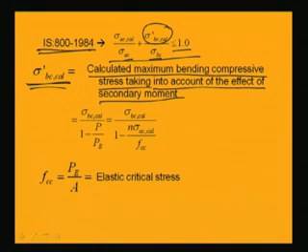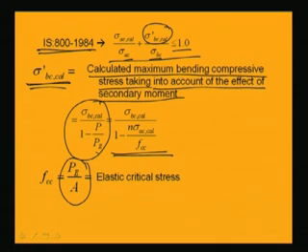So, how has it been modified? This sigma dash BC calculated has been written in terms of this expression: sigma BC calculated by 1 minus P by PE, where PE is the Euler's load. So this can be written like this: 1 minus n sigma AC calculated by FCC, where FCC is PE by A, which is called elastic critical stress.